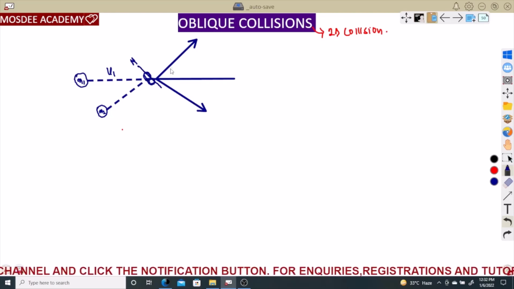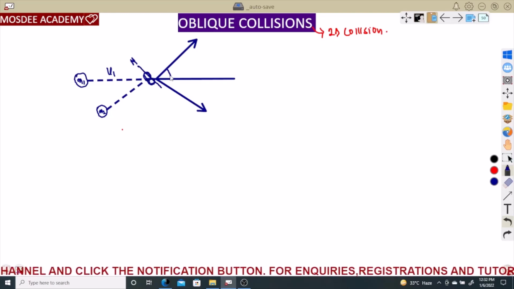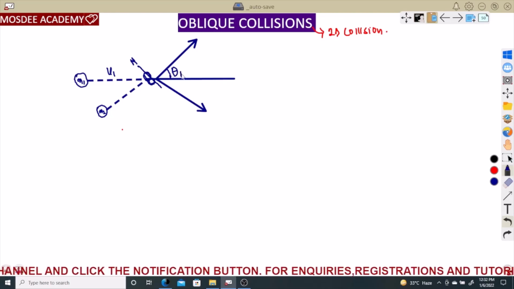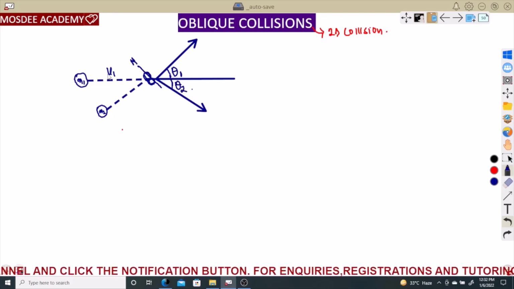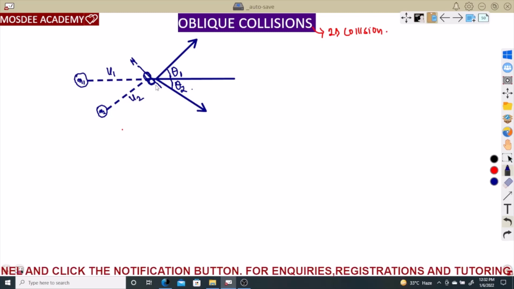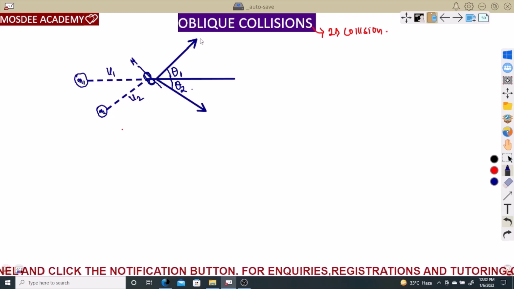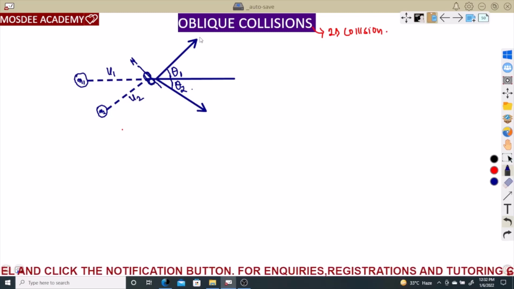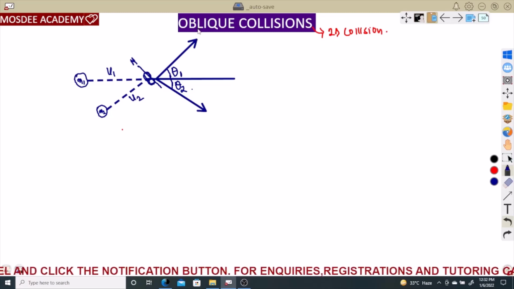So my point of explanation here is that this one will now move with an angle of θ1, which, like I said, you guys have studied before. The initial speed of the second body is u2. As the bodies collide, this now moves in this direction. That's why I give a very simple study about this, which we call the snooker.